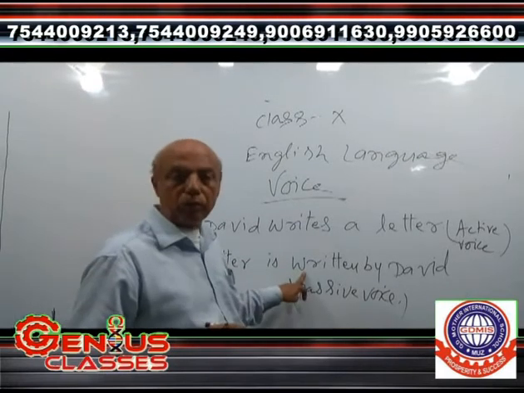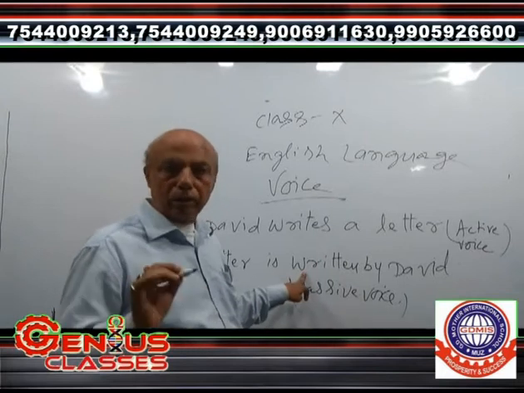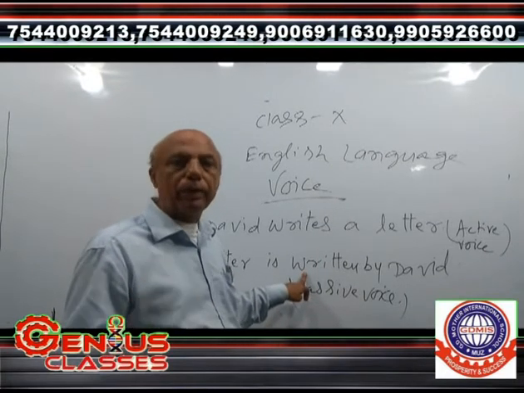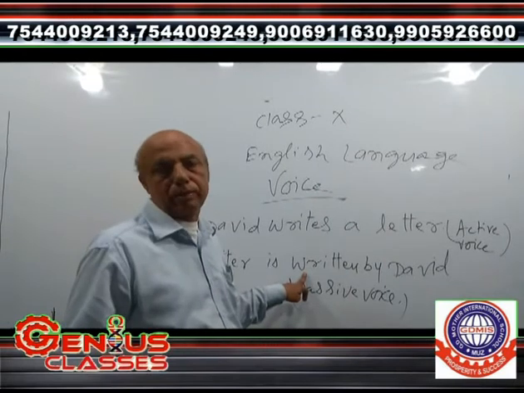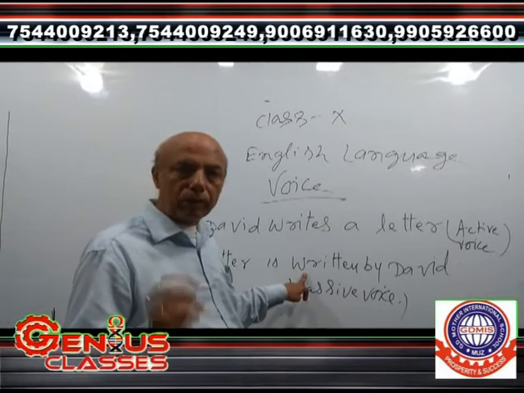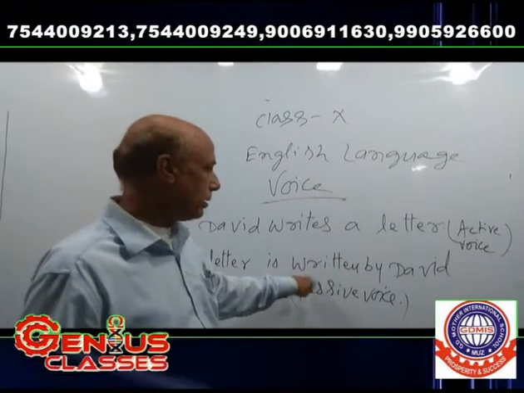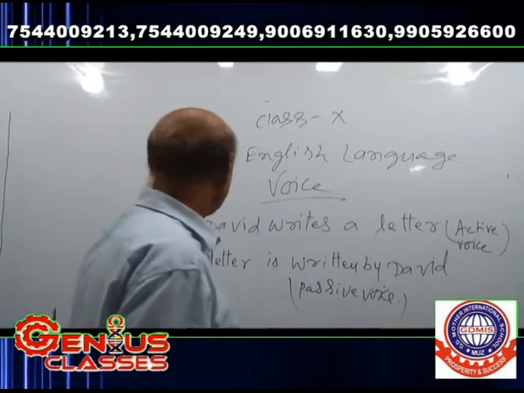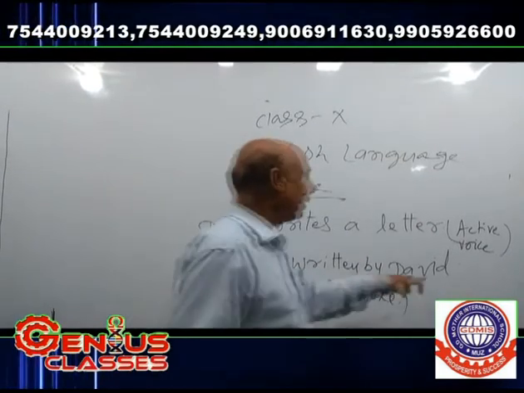It is the rule of voice that the third form of the verb is always used in the passive voice. Here again I am telling, V3 is always used in the passive voice and by is used. So here: a letter is written by David.